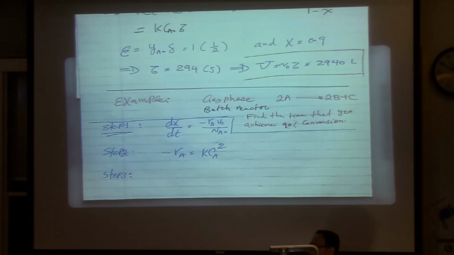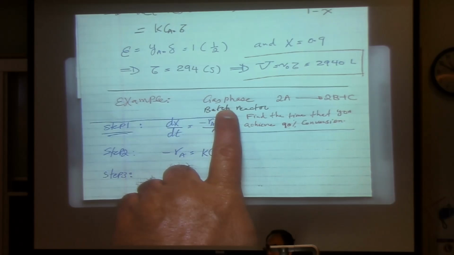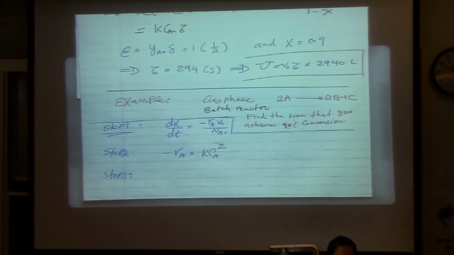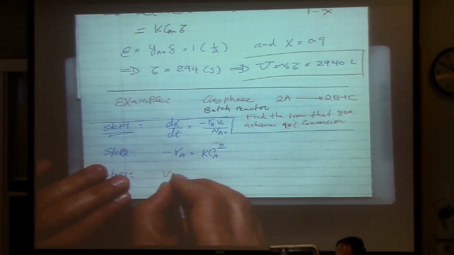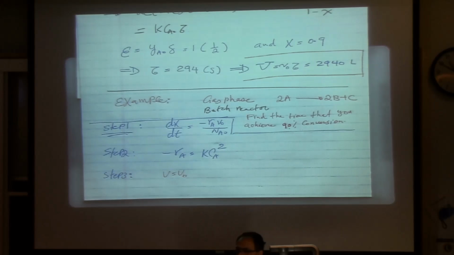Epsilon is 0. No, we have the change of the mole, but keep in mind we are dealing with the batch reactor. For the batch reactor, we have V equals V0, right? In a severe case you might have a change of the pressure in the batch reactor, but unless you have the data, you don't take it into consideration.